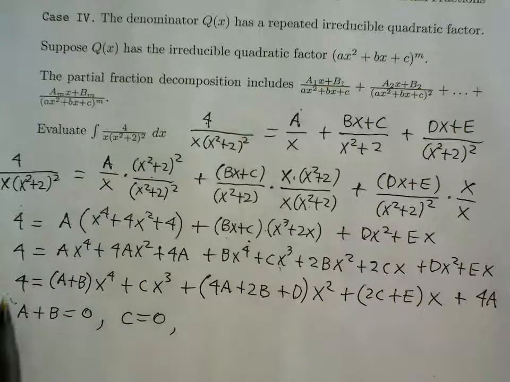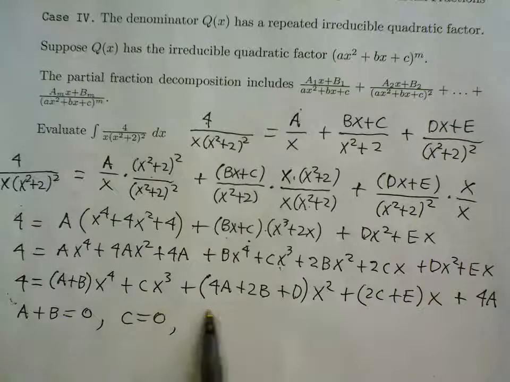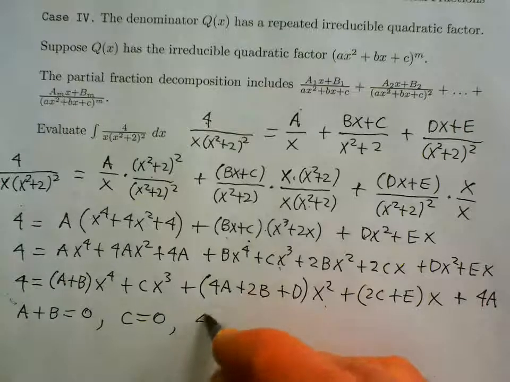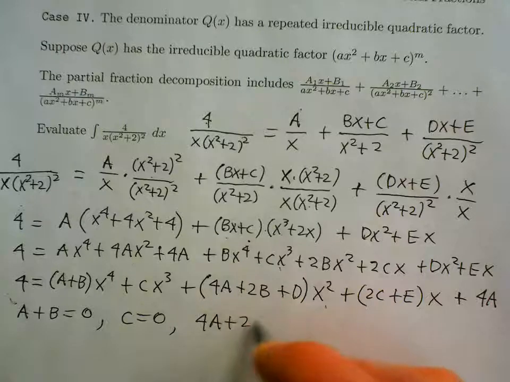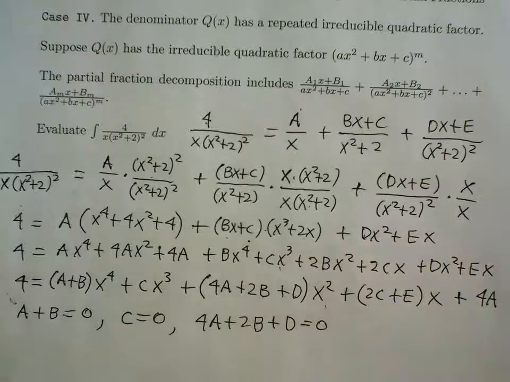The left-hand side does not have an x to the second term. So that means on the right-hand side, the coefficient of the x squared term has to be 0. That is 4a plus 2b plus d equals 0.